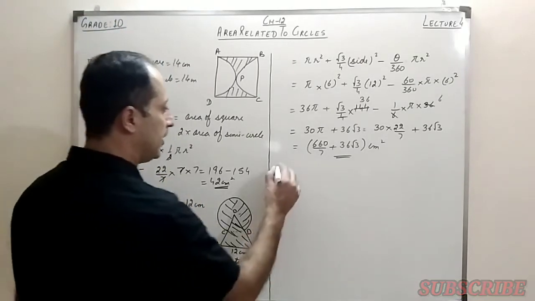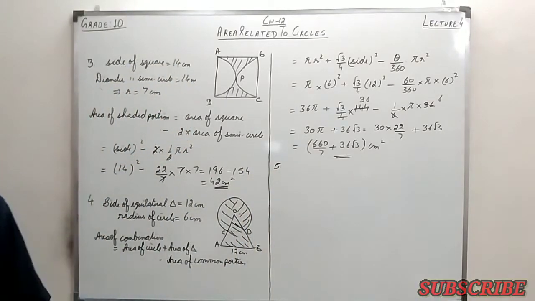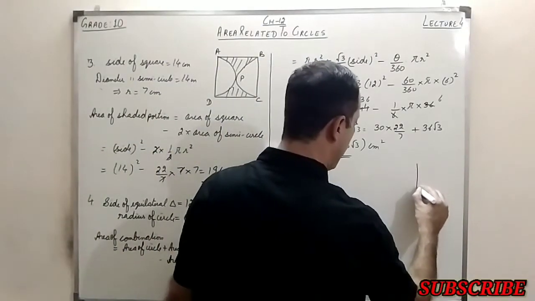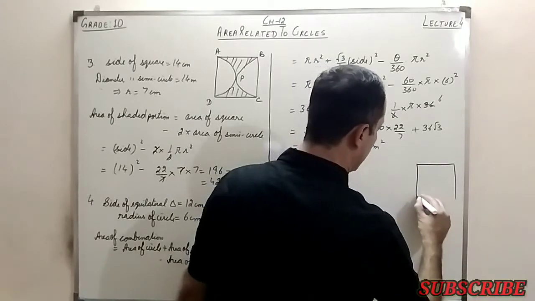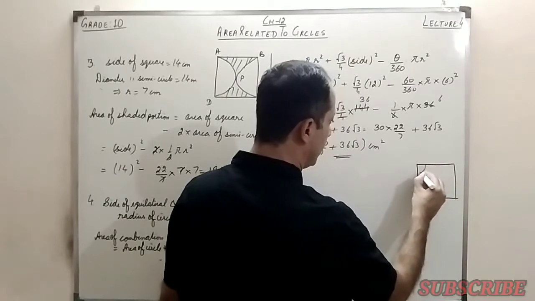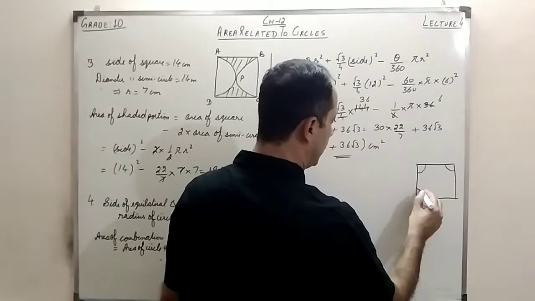Let's go to the next question now, question number 5. And question number 5, again a very simple question. A square is given to us. A square sheet of metal is cut out in such a way that they are cutting out something like this. These portions are being cut out.